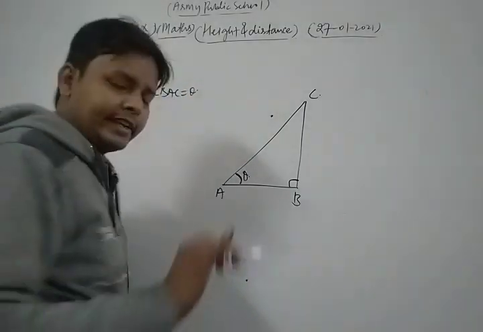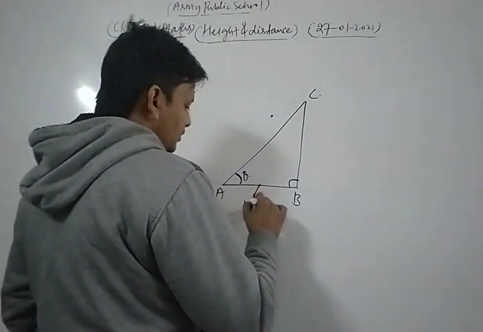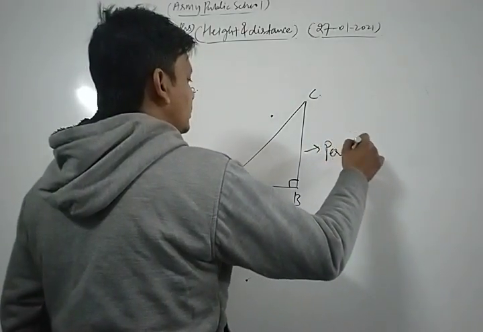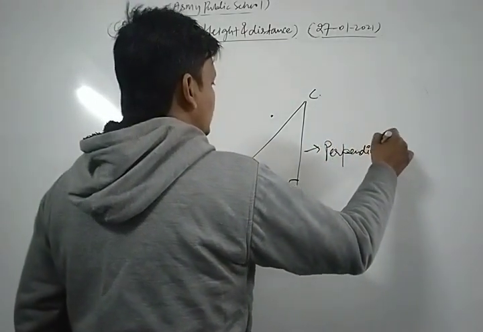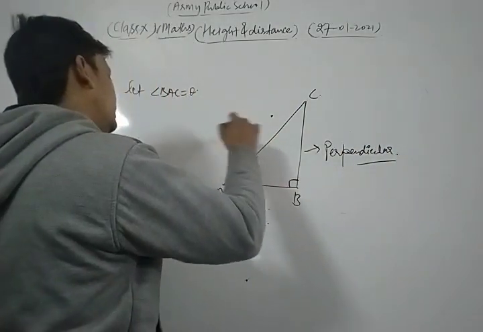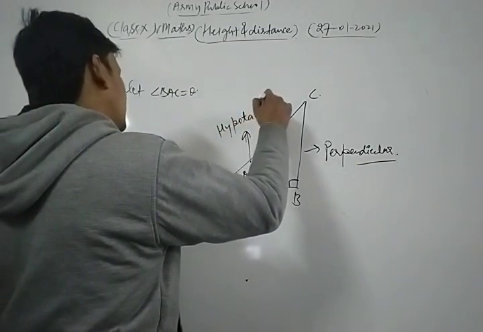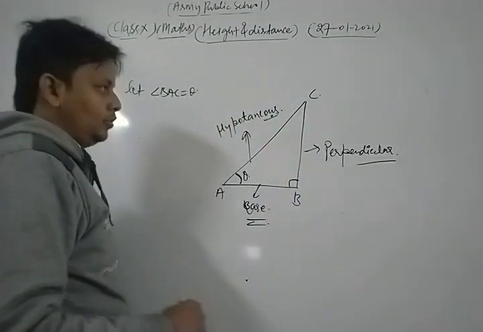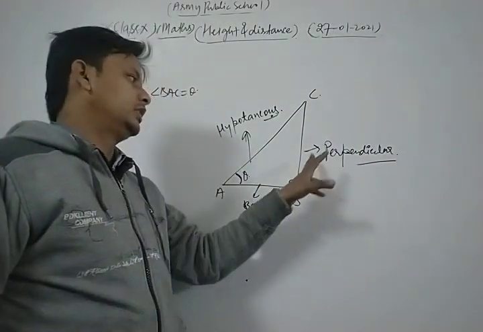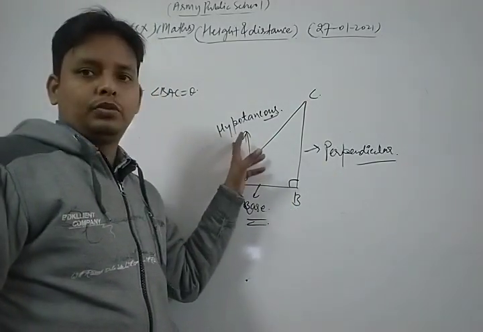Then in any right angle triangle, you know that this is your base, this is your perpendicular and this is your hypotenuse.